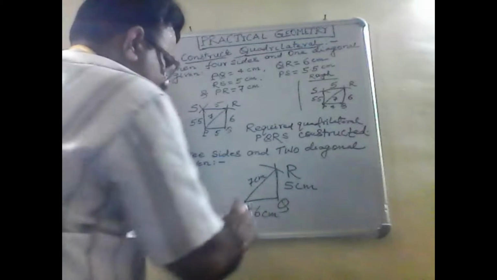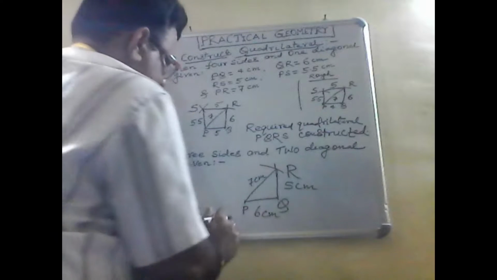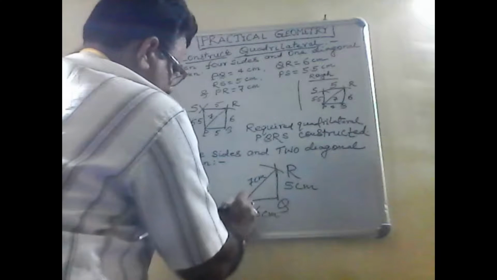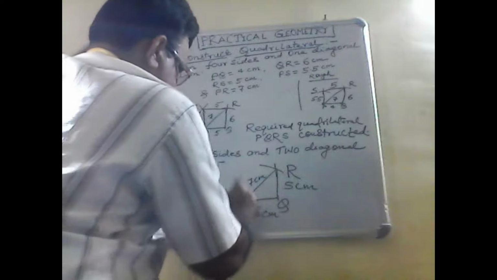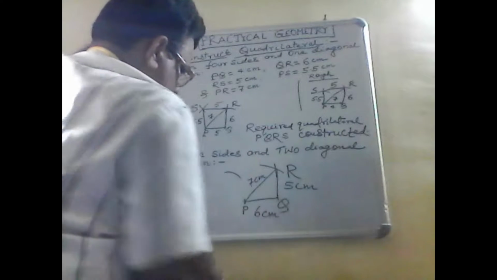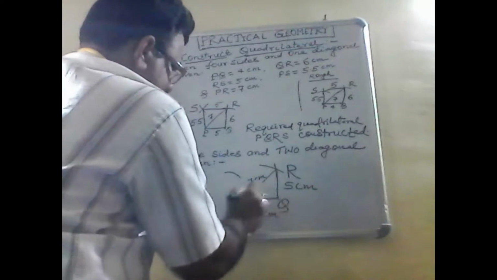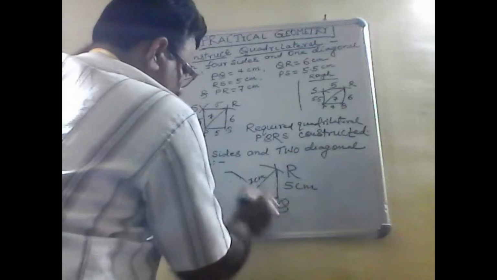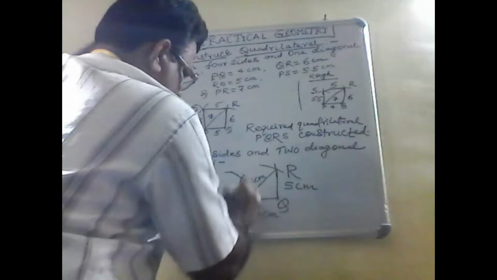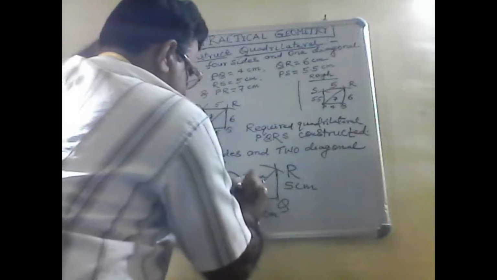One side means SP, suppose it has been given, so intersect one arc by measuring with the ruler, and SQ should also be given in the question because 2 diagonals have to be given, and that will intersect each other.